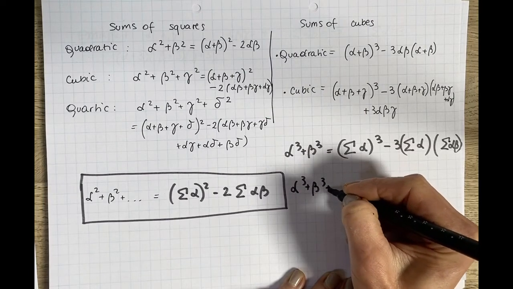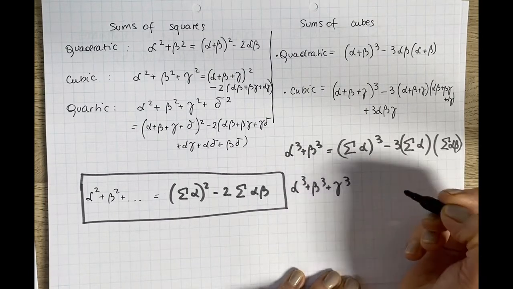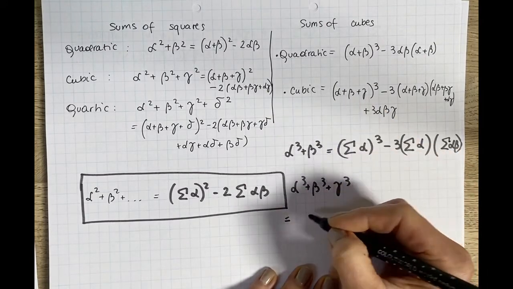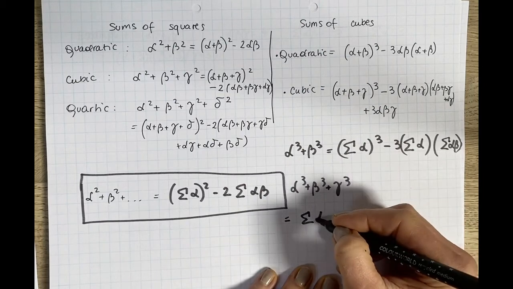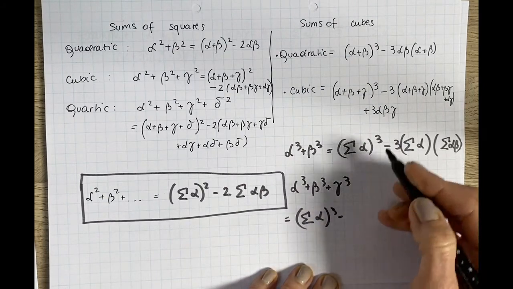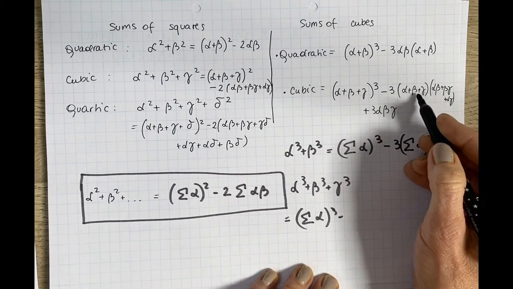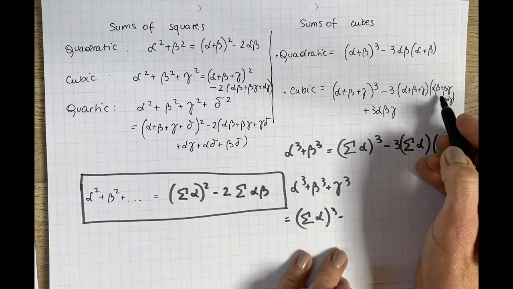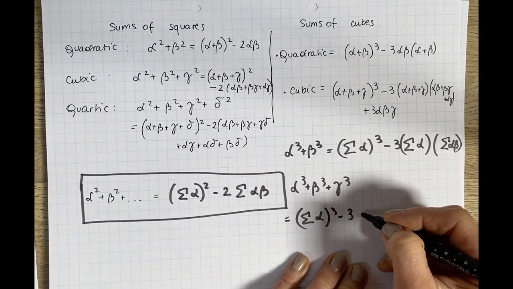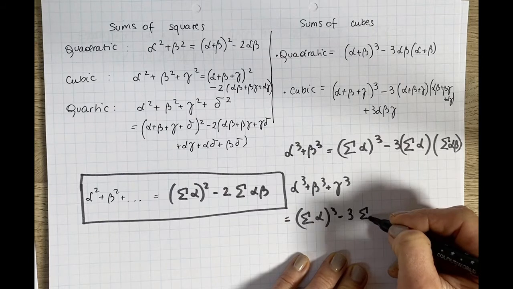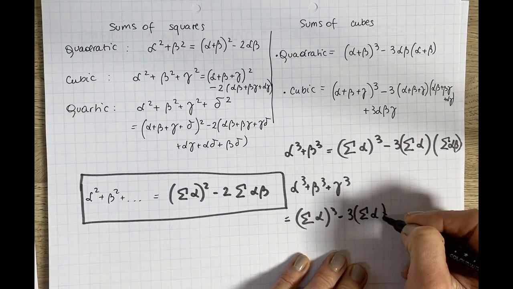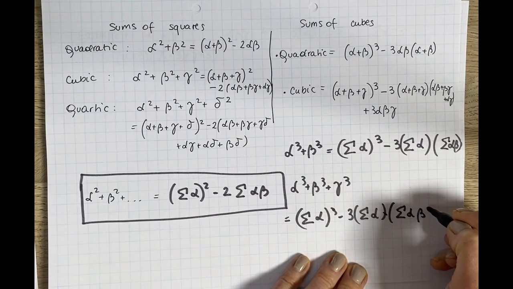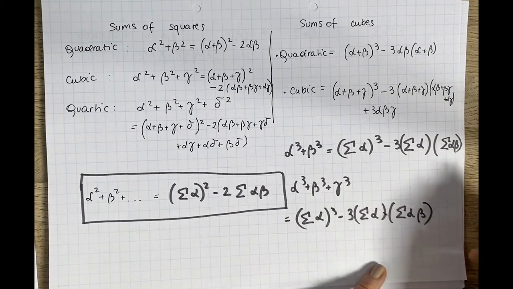Okay, now for the cubes of a cubic, and clearly here we'll have 3 of these. I'll actually write 3 of them like this. What does the result look like? Again you've got the sum of roots, the same as here, cubed, and minus 3 lots of the sum of roots and the sum of pairs, only 2 multiplied together here.